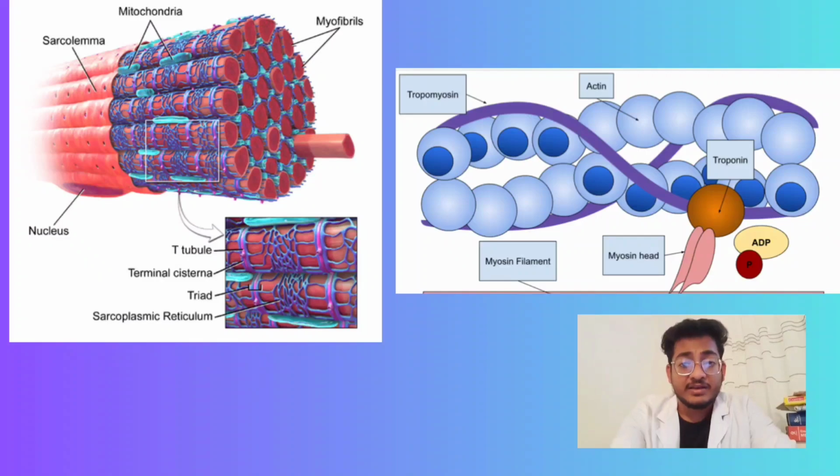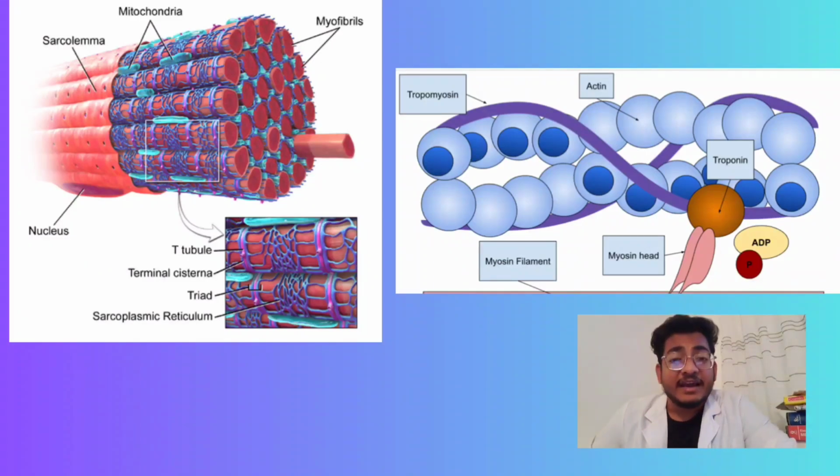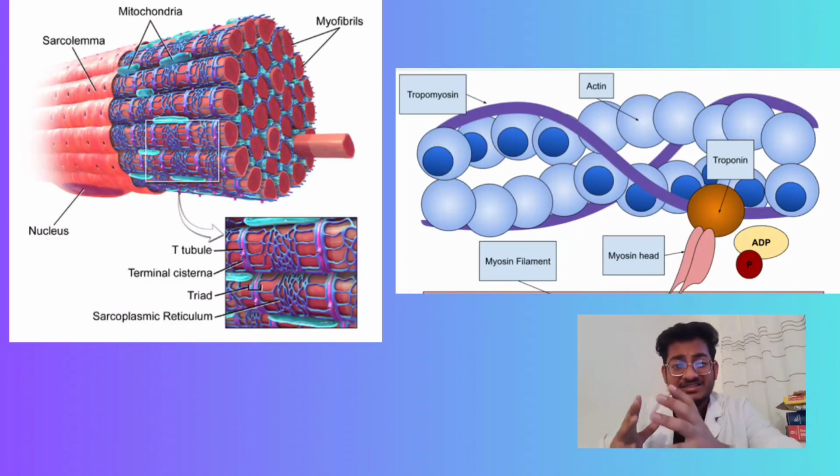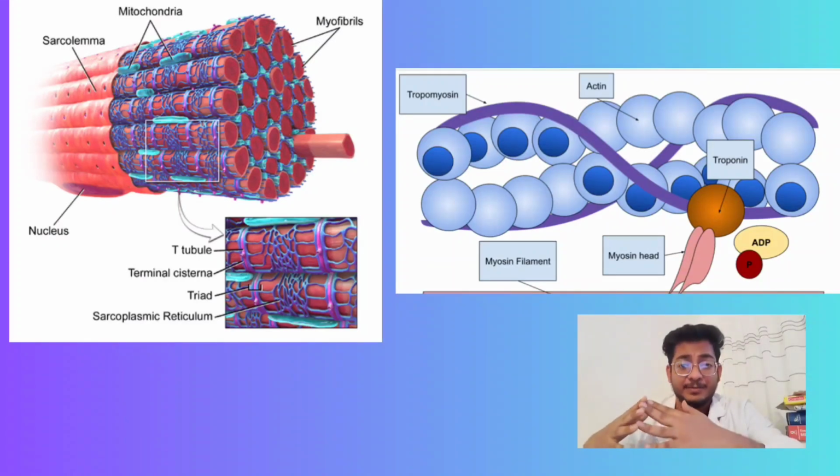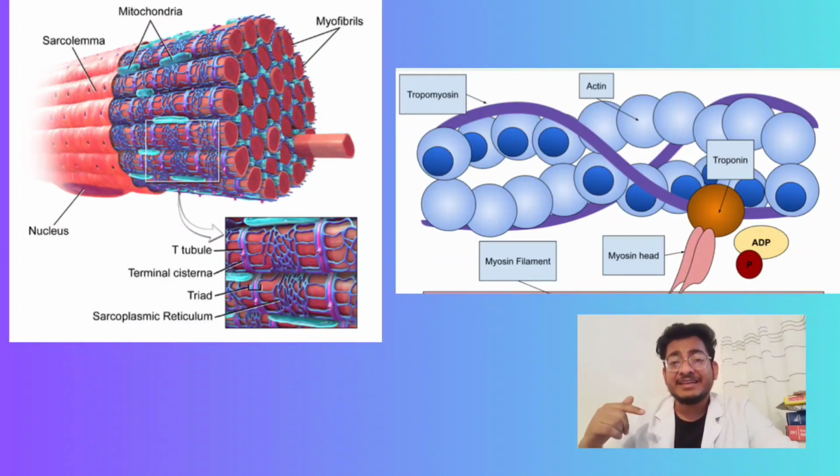Furthermore, in myocytes, actin and myosin filaments are generally oriented along a single axis, thereby eliciting movement in a linear fashion.